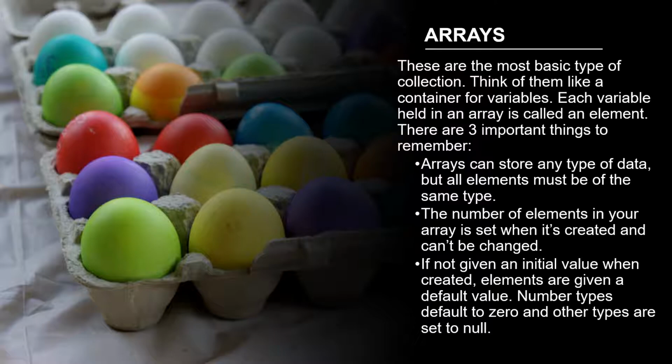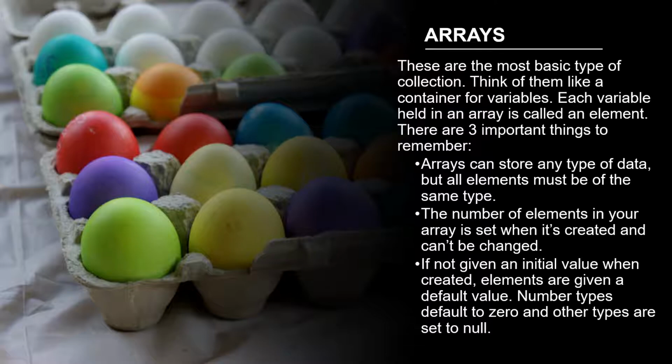So if you have an array of integers, you can't put a string in that array. You'd have to have a separate array to hold strings. The number of elements in your array is set when it's created and can't be changed. So you need to know how many elements at maximum you're working with in your array, because if you need a larger array, you're going to have to create a whole new different array.